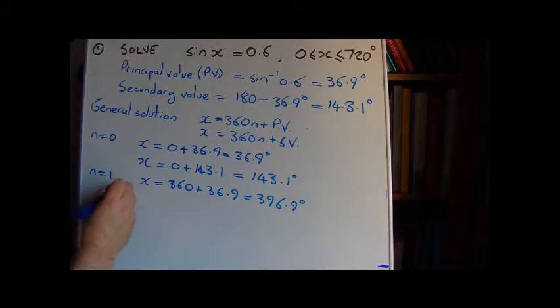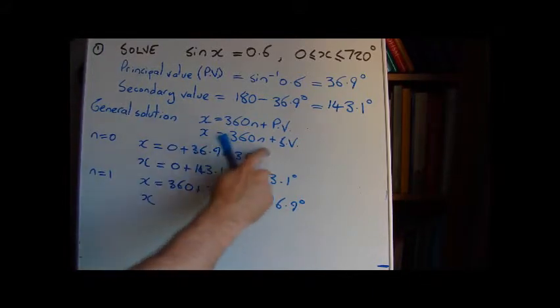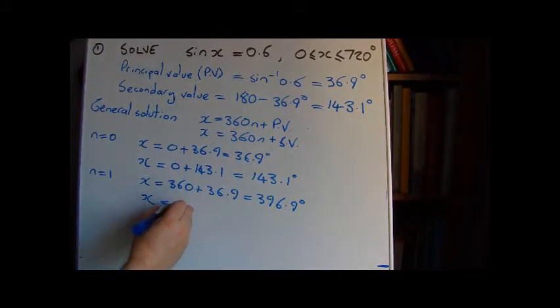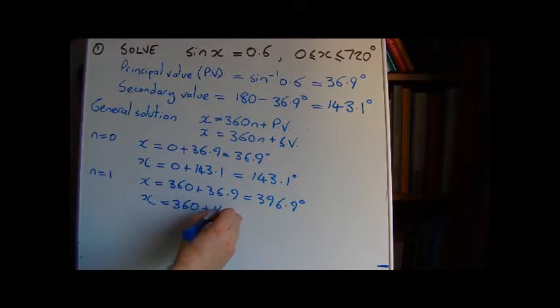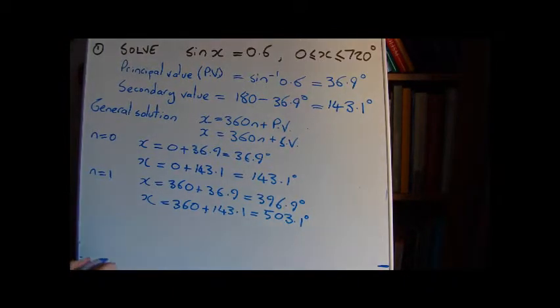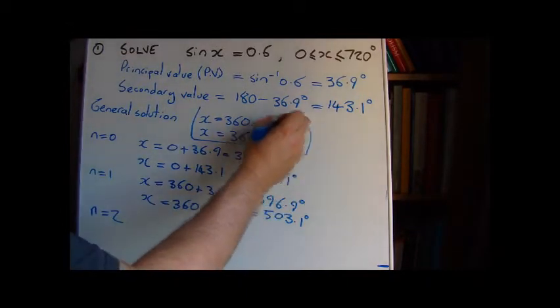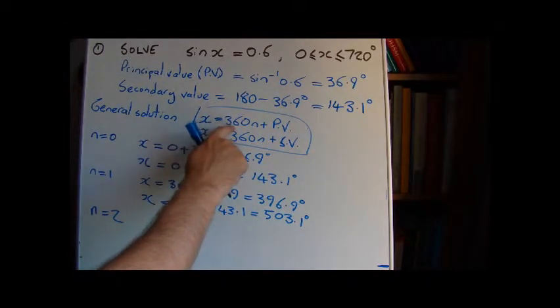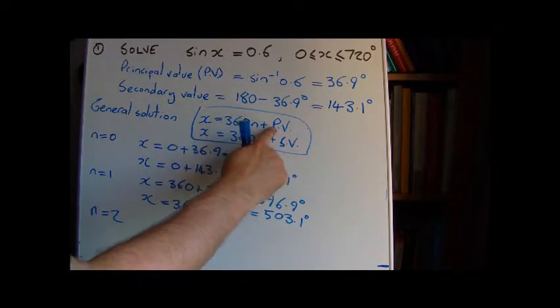If I do the same value in this one, I'm going to get 360 plus 143.1, and that is 503.1 degrees.